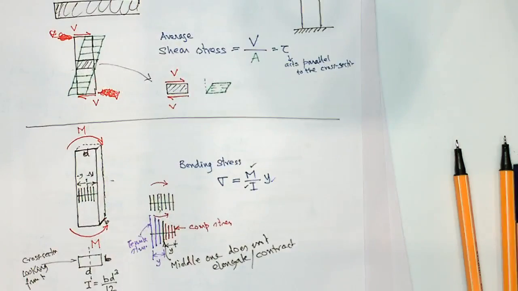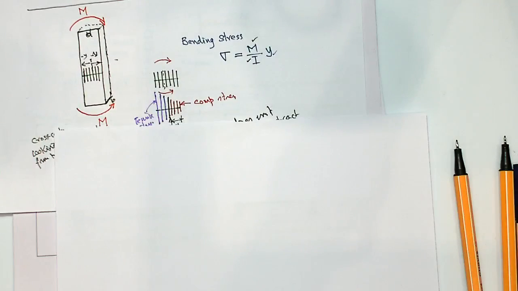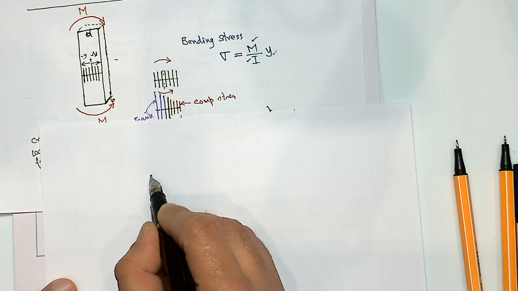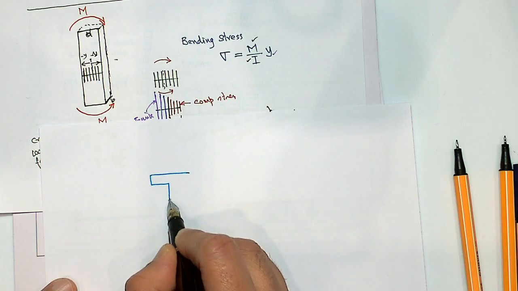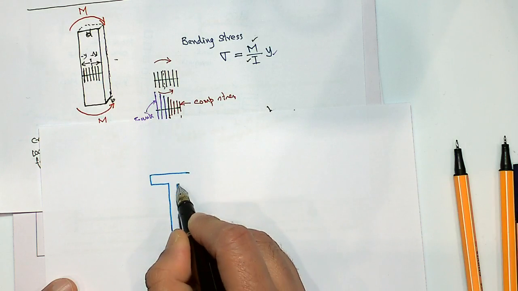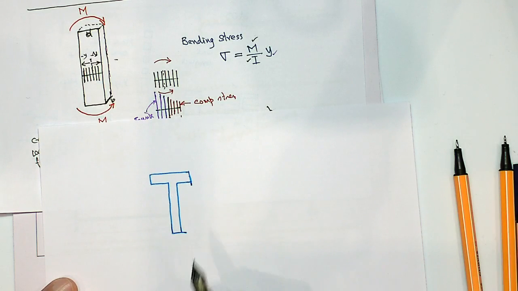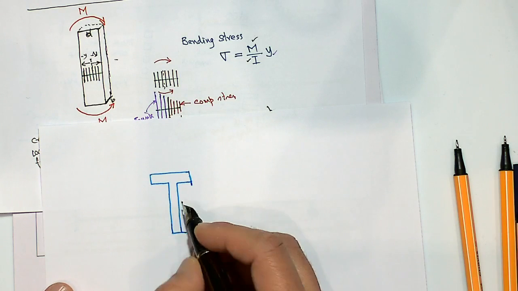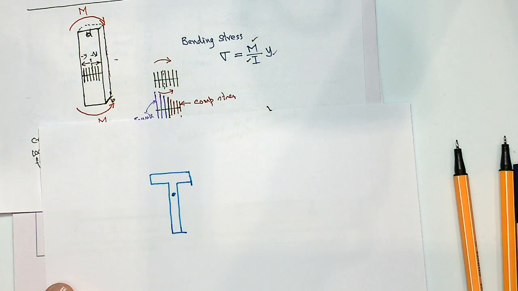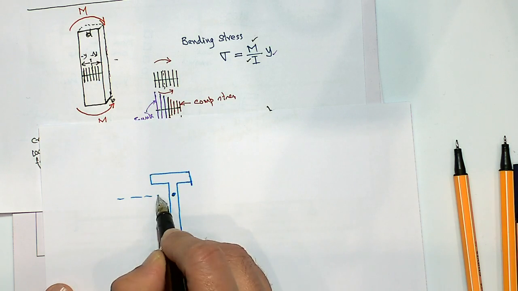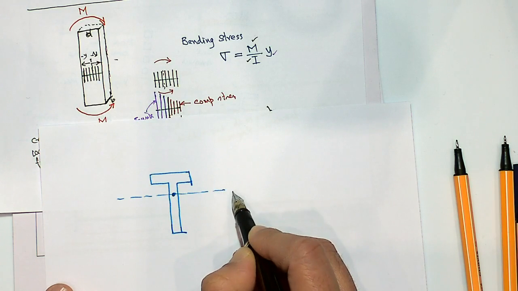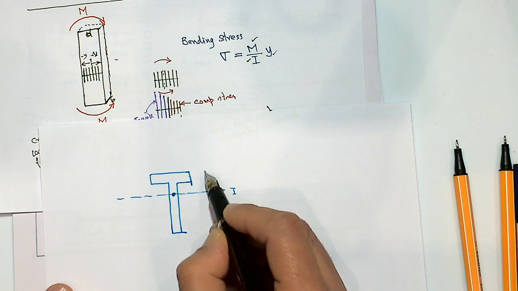If you have a cross section which is not symmetric, let's say you have sections like this, the centroid could be there, and this is the centroidal axis. You calculate I about this axis.